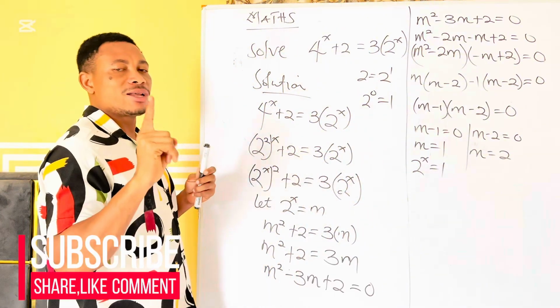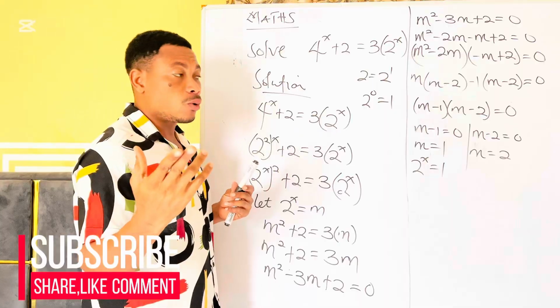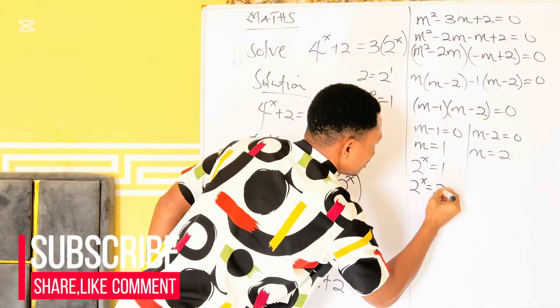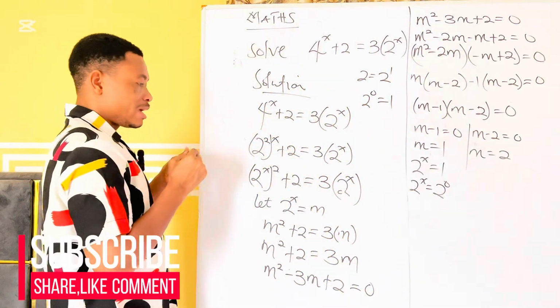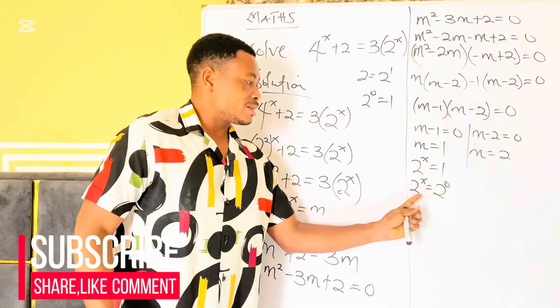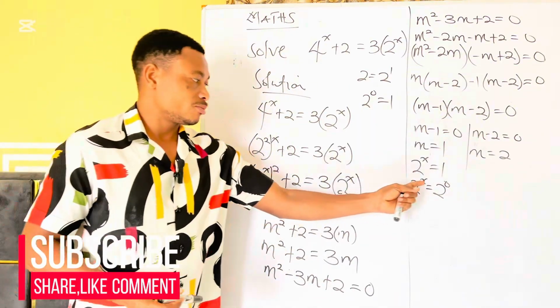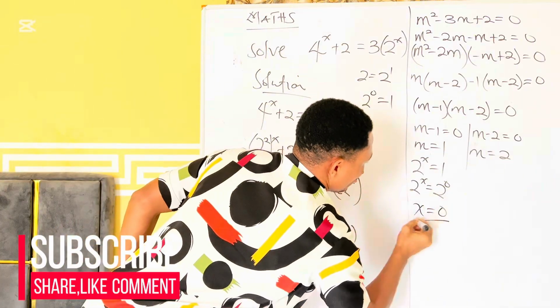Any number to the exponent 0 is 1. In our previous videos we have proved that. So we said 2 to the exponent x is equal to 2 to the exponent 0, which is going to mean that since the bases are the same, we only need to consider the exponents. So x is equal to 0.